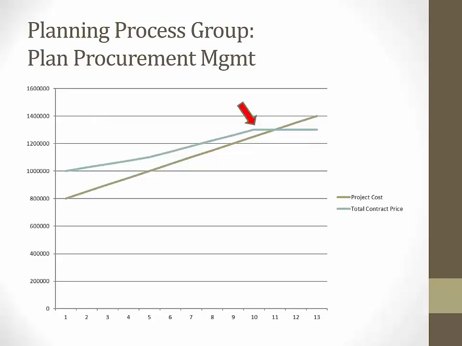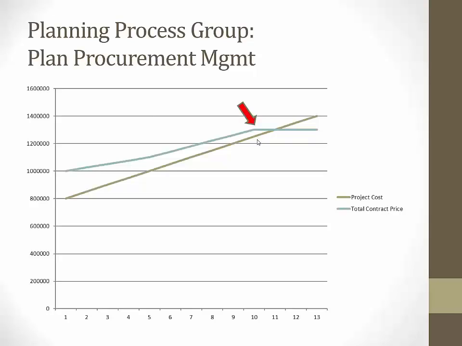This is the point of total assumption. At this particular point, the contract price is $1.3 million. That's the ceiling. The calculation that we just did figures the project cost at this PTA is $1.25 million.